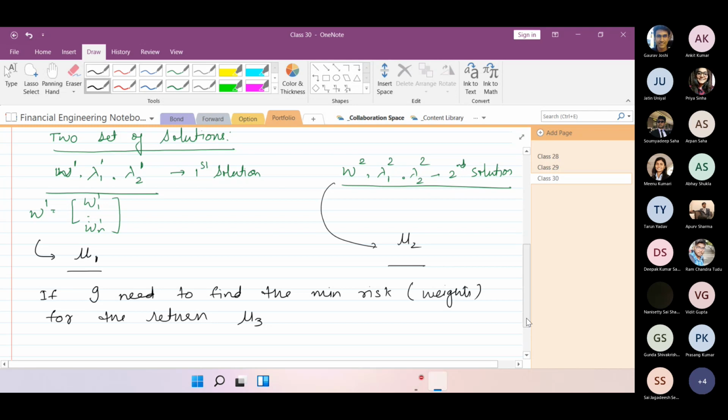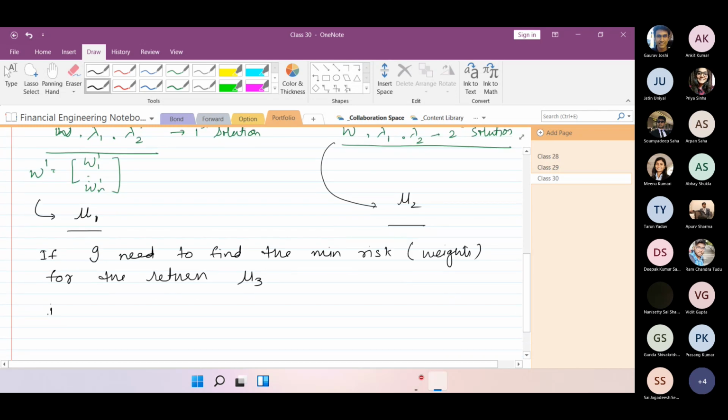Then the first thing I'm saying is that mu3 can be given as a combination of mu1 and mu2. So I'm going to get it as alpha mu1 plus 1 minus alpha mu2. It's not linear, it's an affine combination basically.